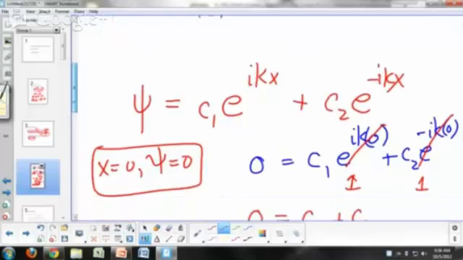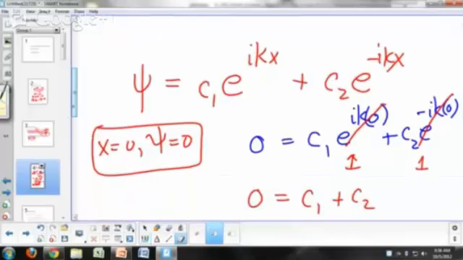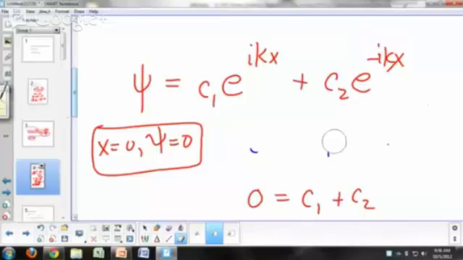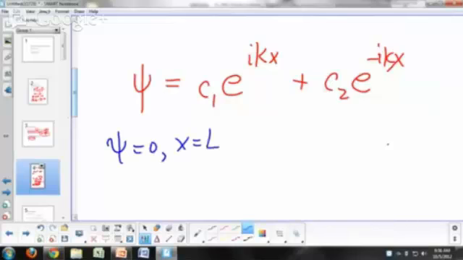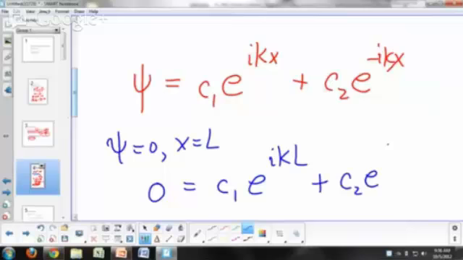Let's go back here. We have a new boundary condition to apply. What's our boundary condition now? Psi equals 0 when x equals L, right? So 0 is equal to C1 e to the ikL plus C2 e, oops, we don't need that anymore, I'm sorry.